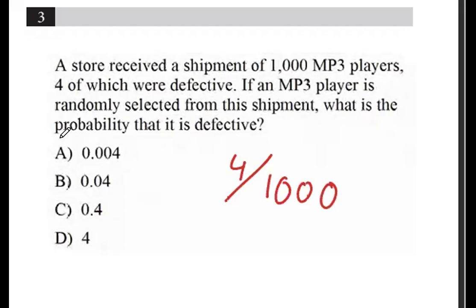The correct answer is A, 0.004. And I mean, you can solve this by just putting it into a calculator. You can also solve it by just taking 4 and moving the decimal right 3 places. So 1, 2, 3.